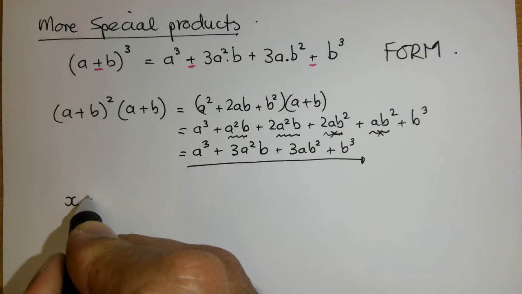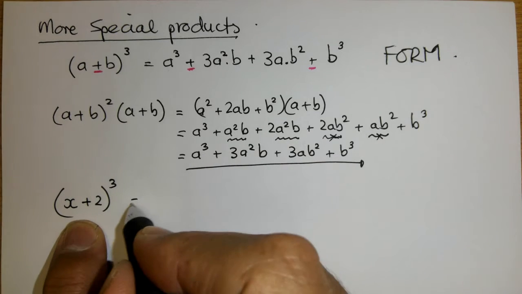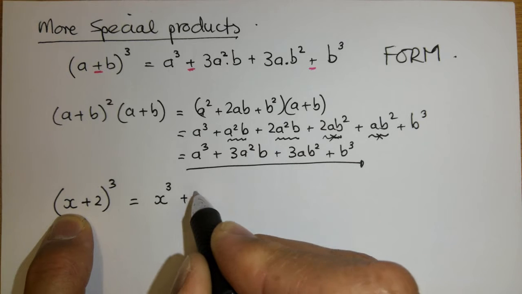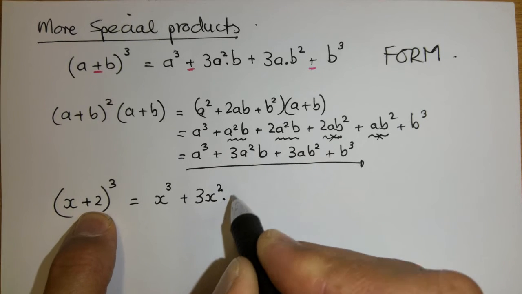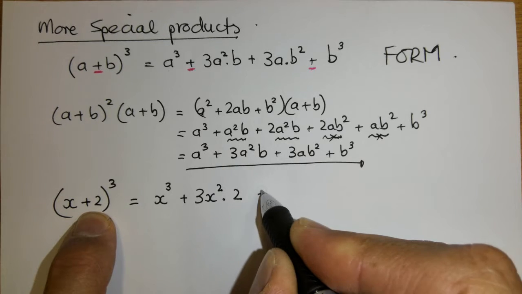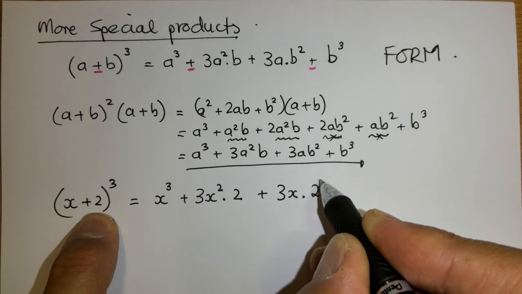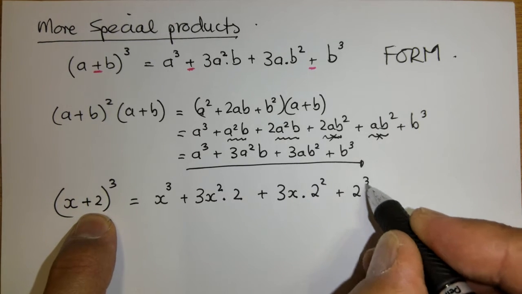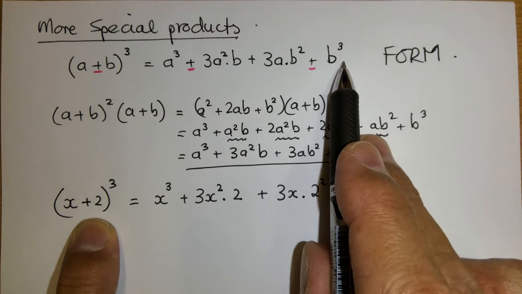x plus 2 all cubed is, we said, the first one cubed plus 3 times the first one squared times the 2 plus 3 times the first one times the second term squared plus the second term cubed. I'm just applying what I've got up there.